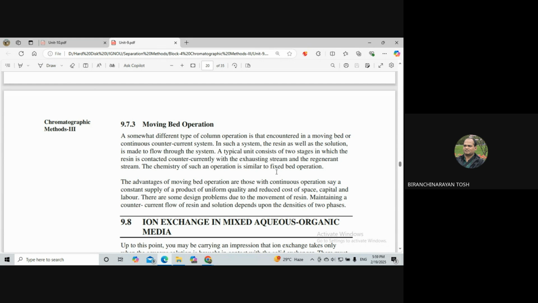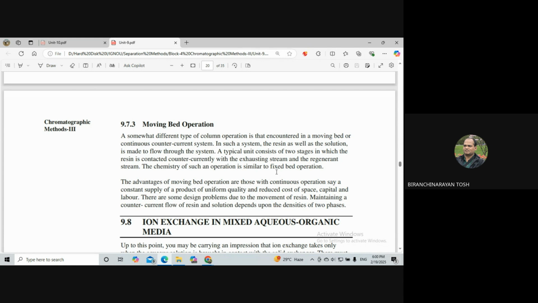A typical unit consists of two stages in which the resin is contacted countercurrently with the feed stream and the regenerant stream. The advantages of moving bed operation are continuous operation, a constant supply of product of uniform quality, and reduced cost of space, capital and labor.